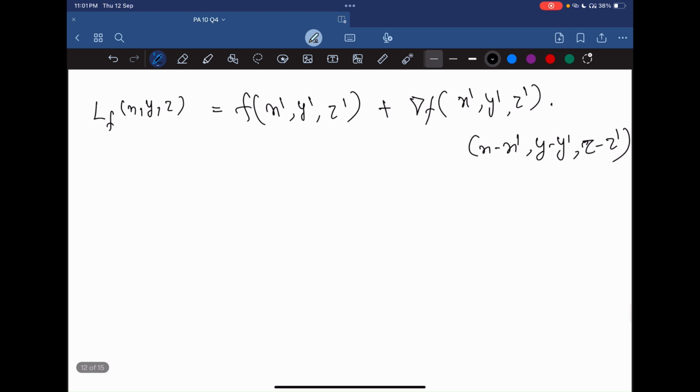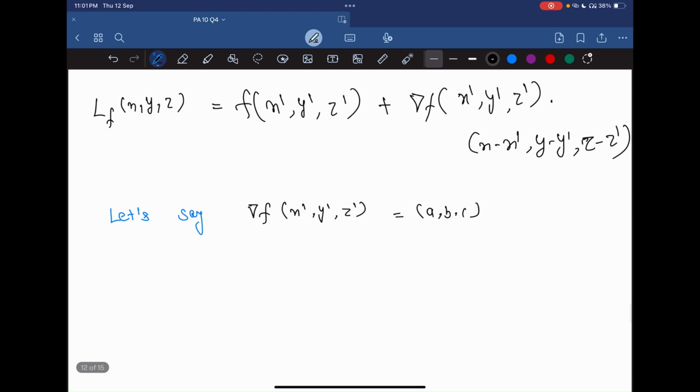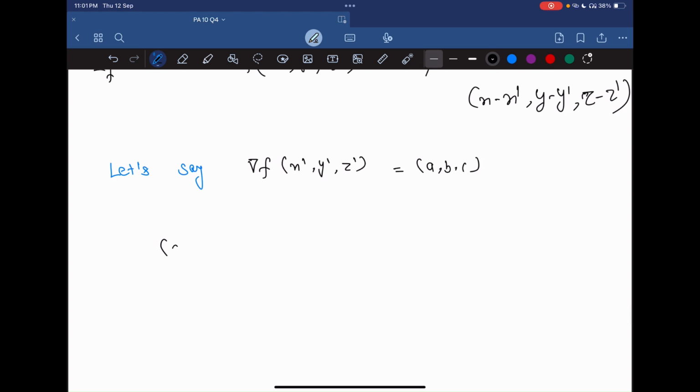Now, let's say the gradient of the function f at the point x dash comma y dash comma z dash is some a comma b comma c. Then this quantity results in a comma b comma c dot product with x minus x dash, y minus y dash, z minus z dash.